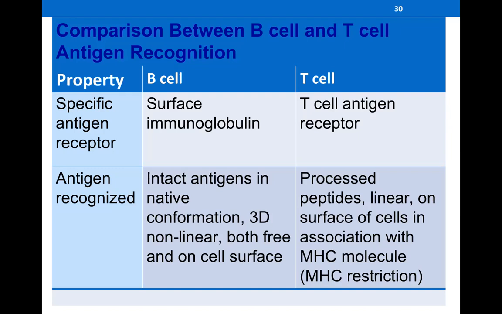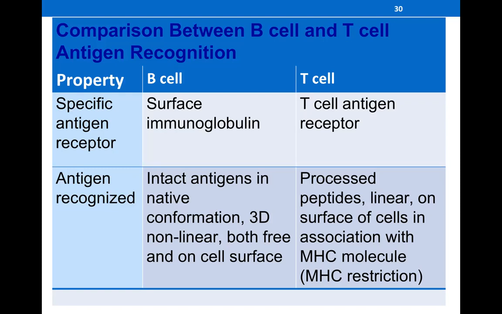That's the specific antigen receptor. For antigen recognized, the B cell would be intact antigens in native conformation, 3D nonlinear, both free and on cell surface. While your T cell would be your processed peptides, linear or surface of cells in association with your MHC molecule or your major histocompatibility complex molecule, which will be discussed later.